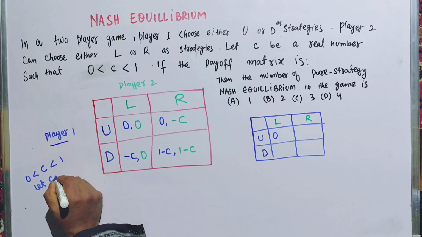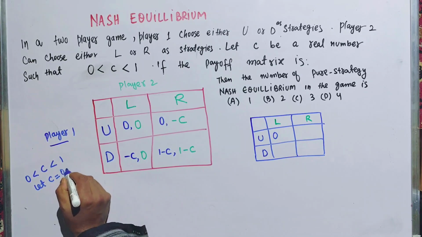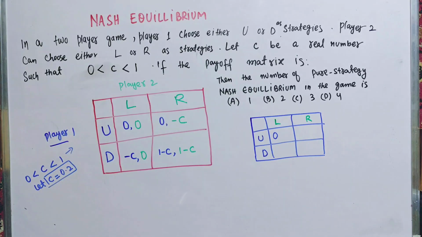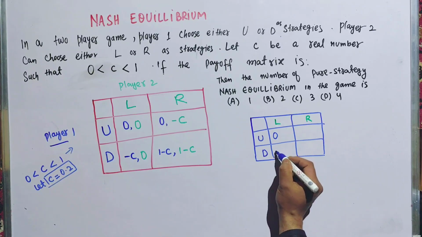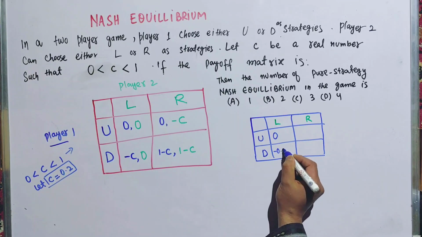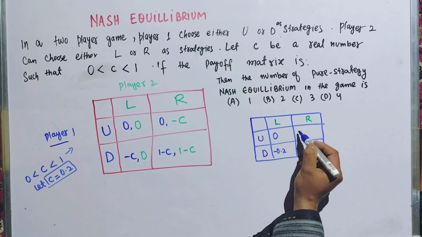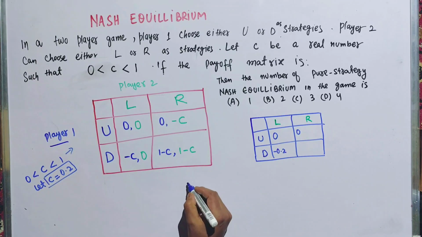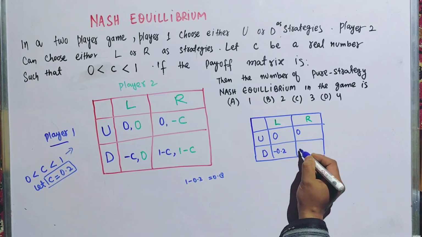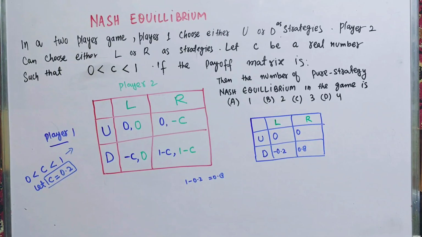Let C be, let us say, 0.2. We are taking any value which satisfies this relationship. If C is equal to 0.2, then here we will have minus C, which means minus 0.2, and here we have 0, and 1 minus C will mean 1 minus 0.2, which is equal to 0.8. These are the payoffs for player 1.